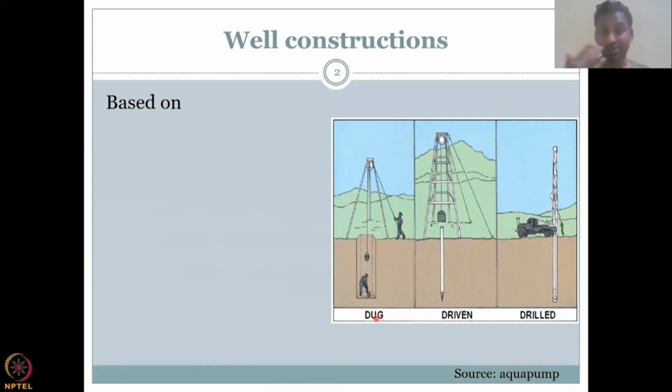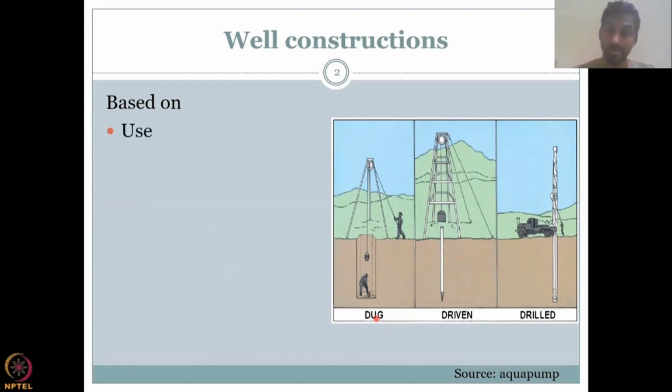Nowadays, you also have smaller size bore loggers, we call them, or borehole diggers. 5 years ago, it was a big lorry, and nowadays it is such a small machine that you can put on top of a pickup truck, and then that can do the job, depending on the depth for sure.